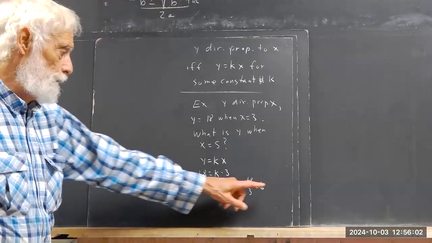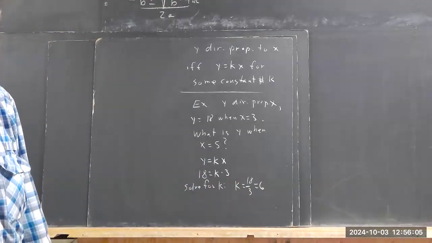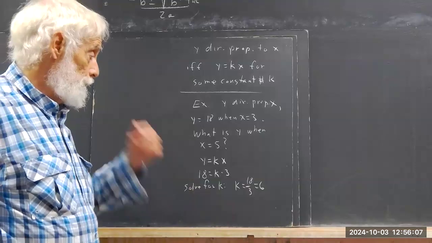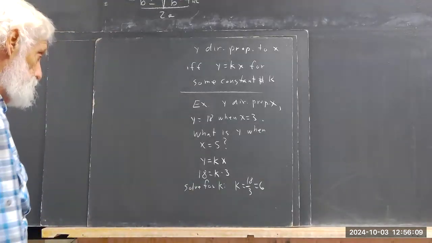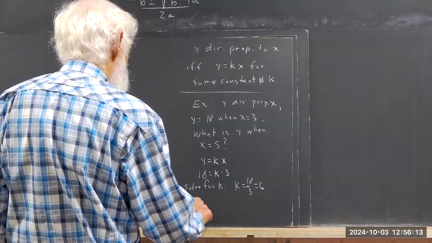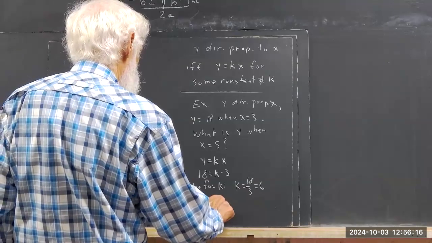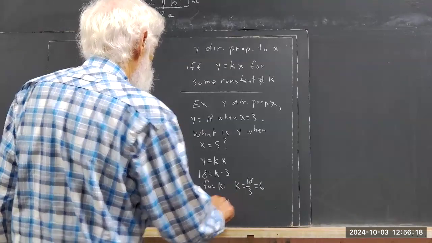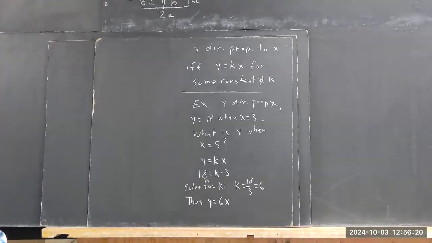You solve this equation and you get what we already got, that your multiplier is going to be 6. Since the multiplier is 6, we now know that y equals 6x.